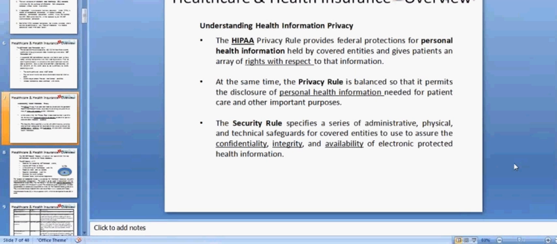Then there's a security rule that specifies a series of administrative, physical, and technical safeguards for all the covered entities. Basically, it will help you to maintain confidentiality. Whether it is your healthcare information about the treatment that you are receiving, or the demographic information, whether this information is floating around within a payer organization, complete security has to be maintained about the data, because that information cannot be in a very public area within an organization.